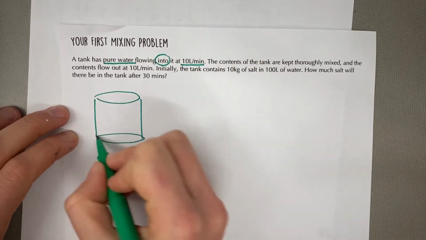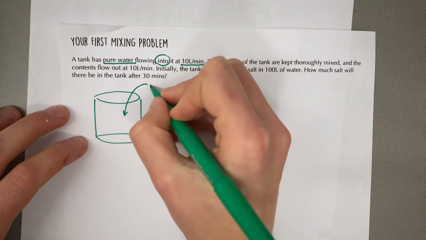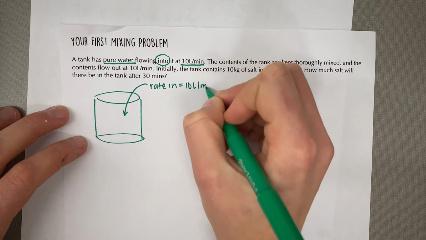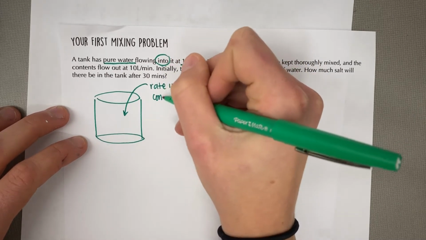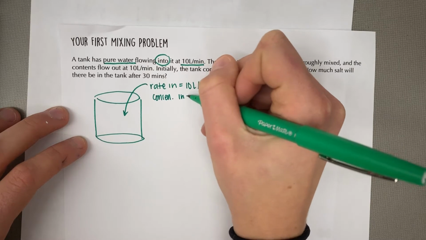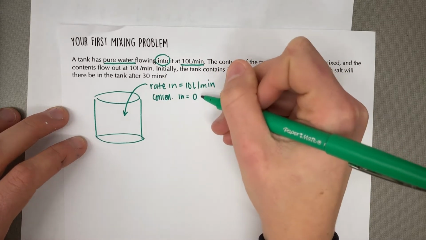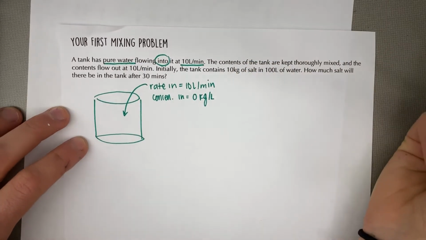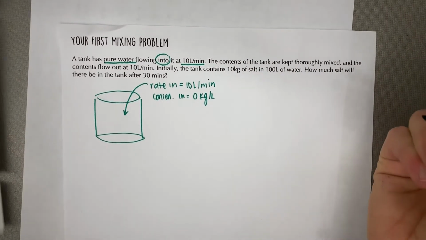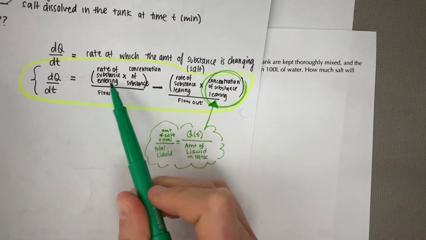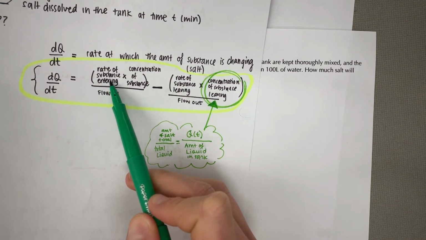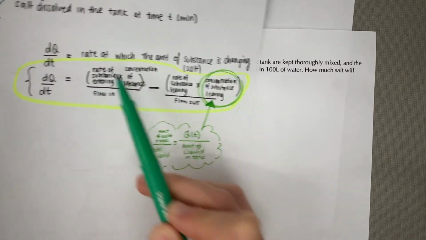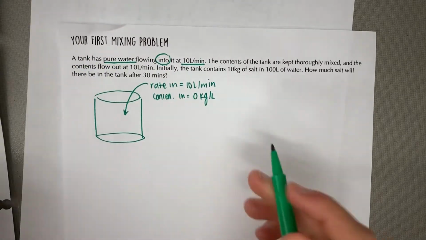I've got a tank, rate in 10 liters per minute, concentration in is 0 kilograms per liter. Because I'm looking at my general equation, I need the rate of the substance entering and the concentration. I now know that concentration is 0 and the rate is 10 liters per minute.